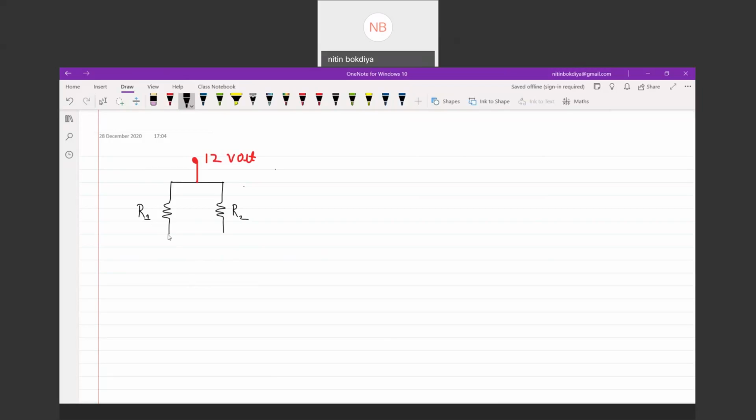What else is given? Two transistors are given. This is VI, the input of the first transistor.